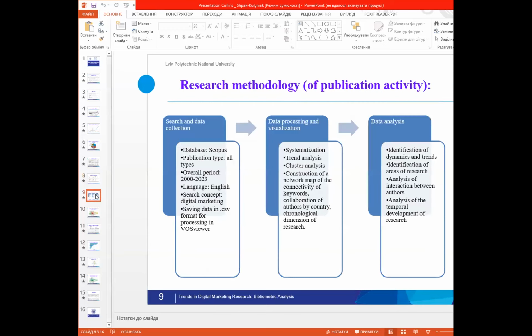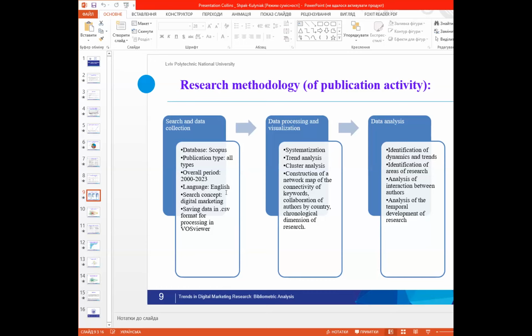So, our research methodology was as follows. First of all, search and data collection. Our database was Scopus publications, all types of publications, and the period taken was more than 20 years.